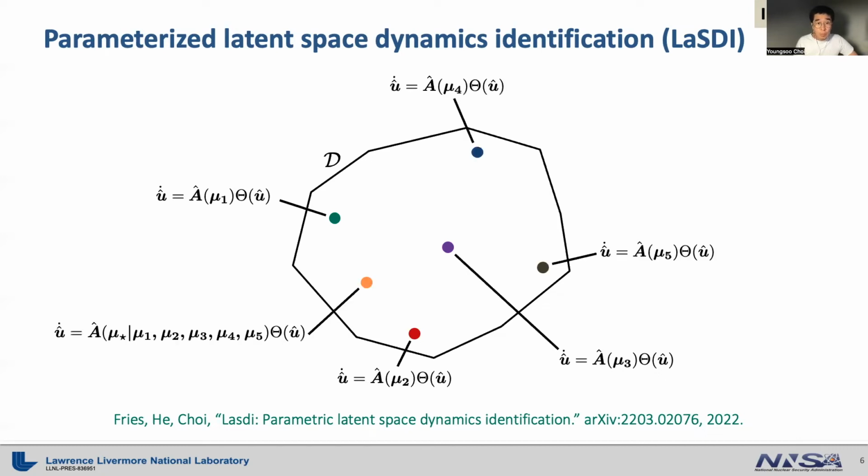Then you can interpolate the linear coefficients of the ODE for a testing point mu star. Note that the coefficient matrix A depends explicitly on the testing parameter mu star, as well as all the training points mu1 through mu5. As you can easily imagine, you can apply similar interpolations for other testing points.